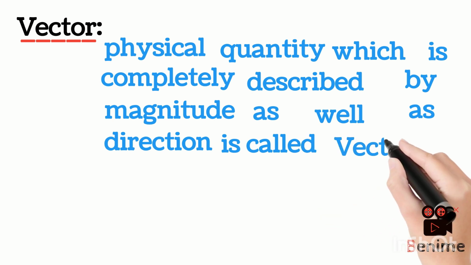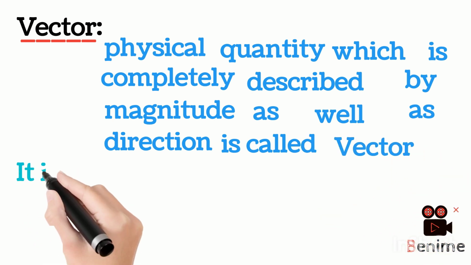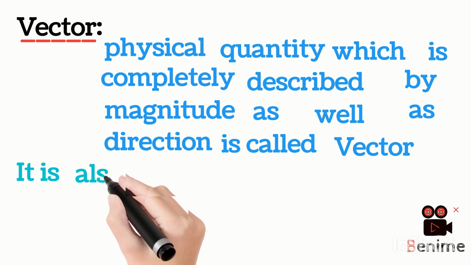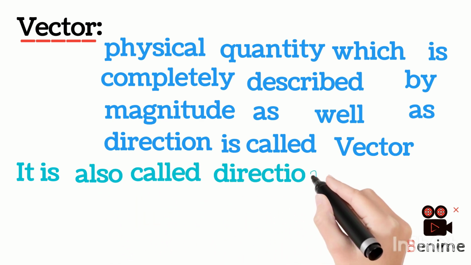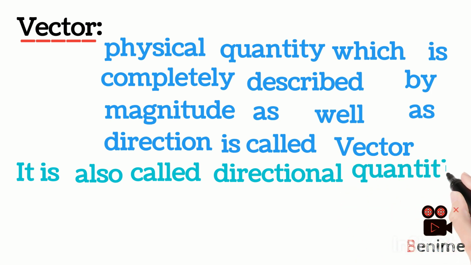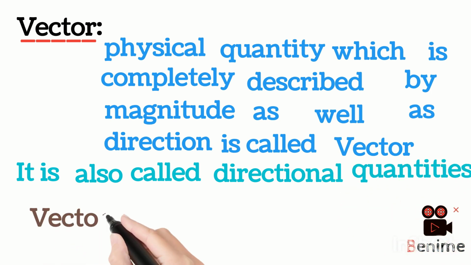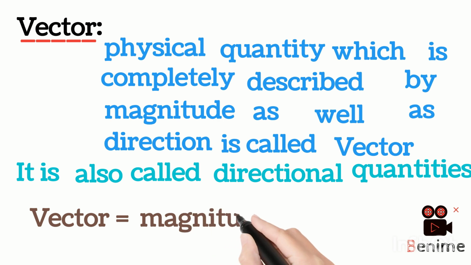It is also called directional quantities. Vector is equal to magnitude plus direction.